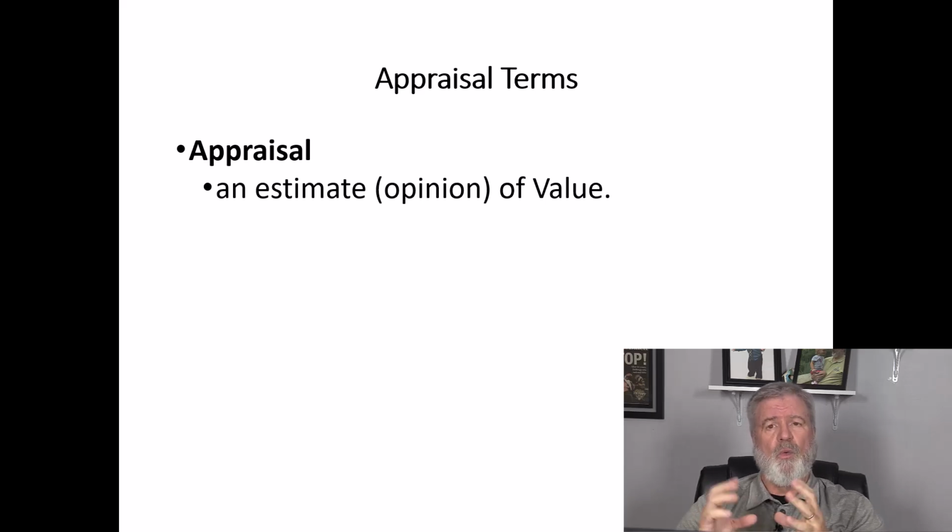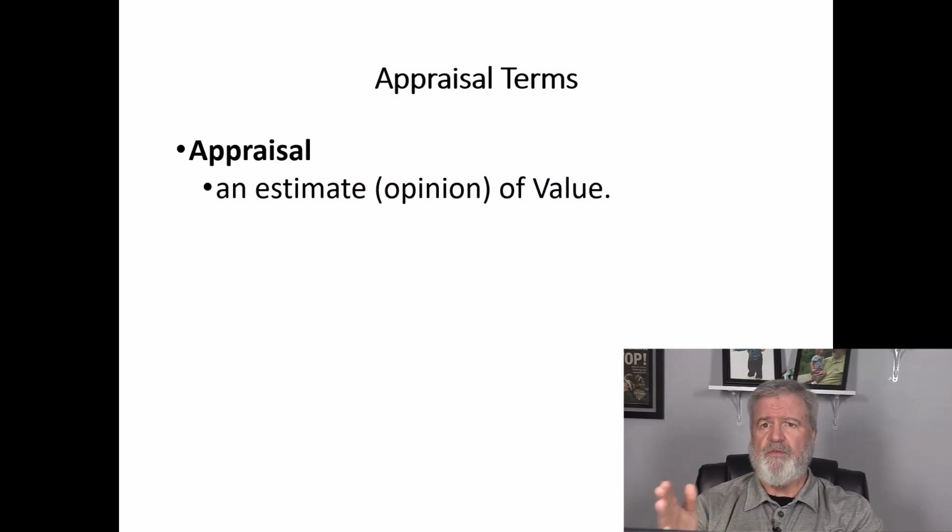Now, what should be the same are the standards that I use to arrive at my opinion. They should be the same standards that every appraiser has to use. So we all have to use the same standard in developing our opinion.